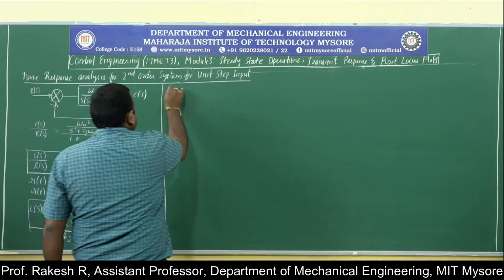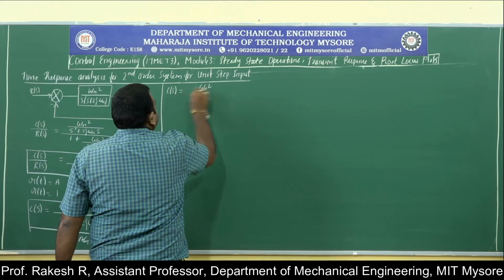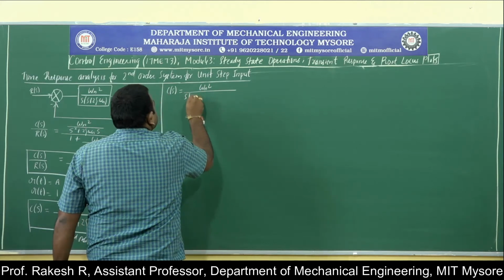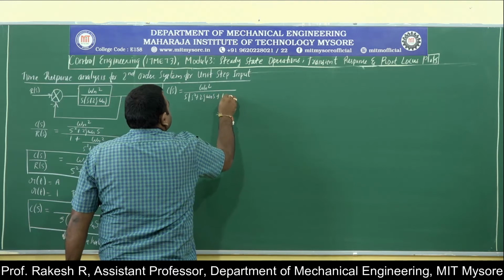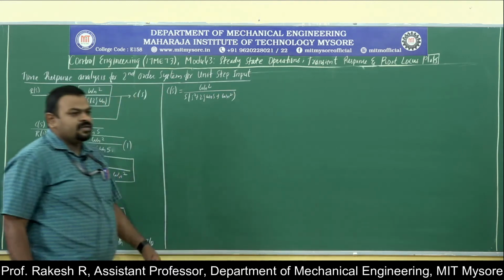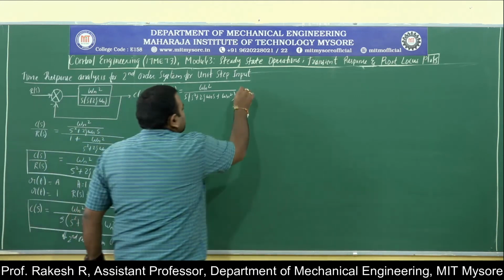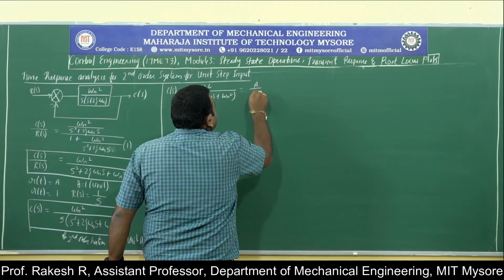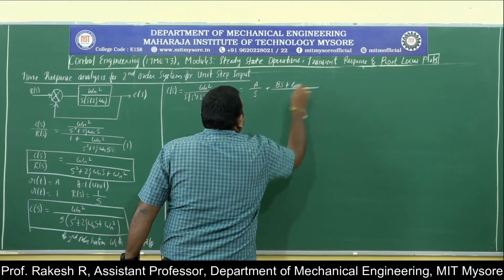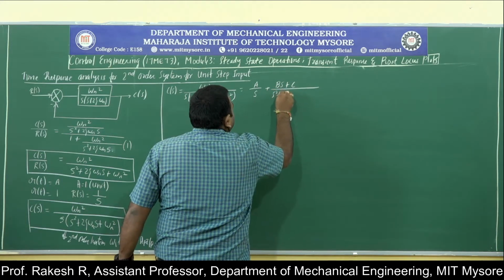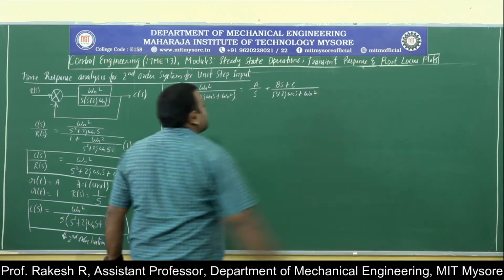So this is the step input, and how do we get C of t? C of S will be equal to omega n square divided by S into S square plus 2 zeta omega n S plus omega n square. Again we have to solve this using the partial fraction method. So this will be A by S plus BS plus C divided by S square plus 2 zeta omega n S plus omega n square.